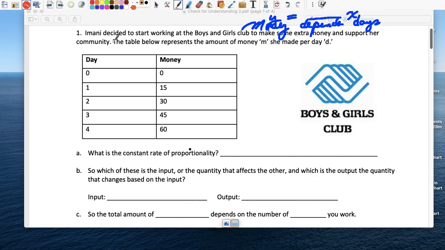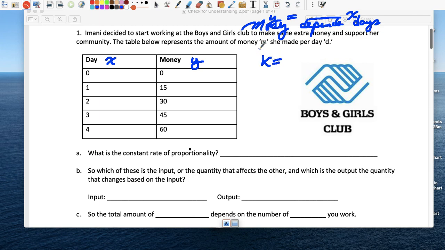If it's proportional, and we can see that it might be, I don't want to assume, because we had a problem in class where it was 0, 0, but then it ended up being not proportional. So 0, 0, what's the constant of proportionality here? Remember, if you label this X and this Y, there's no guessing.